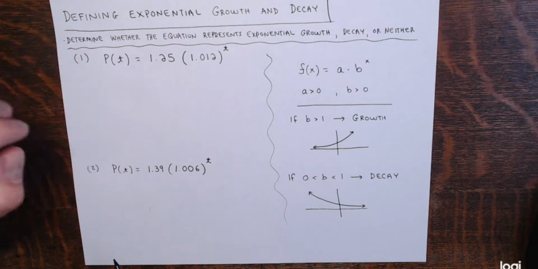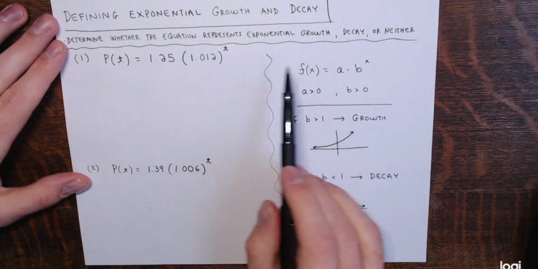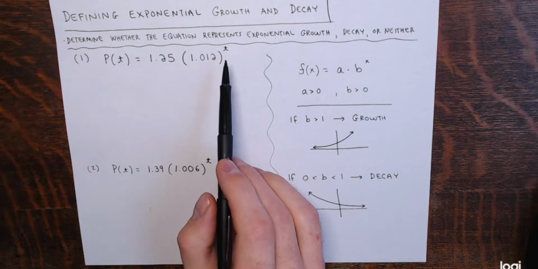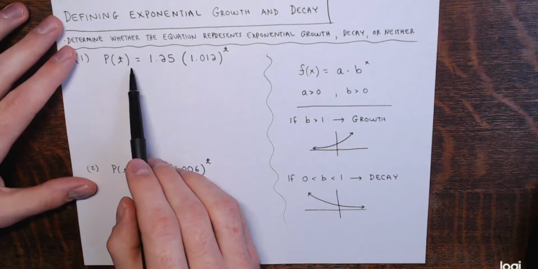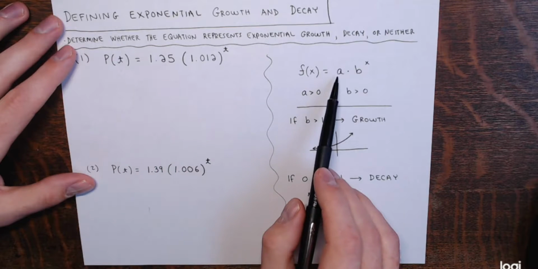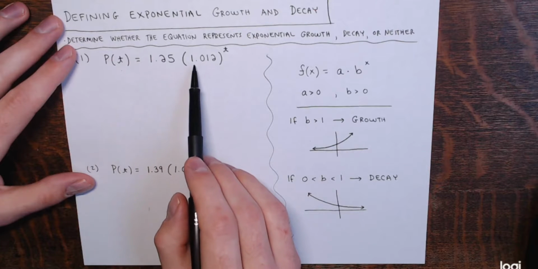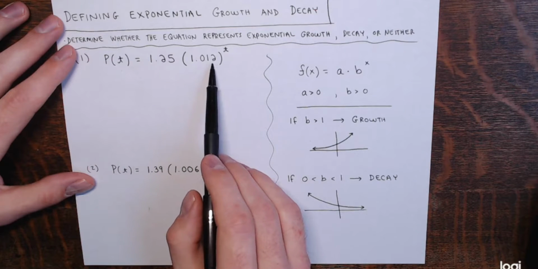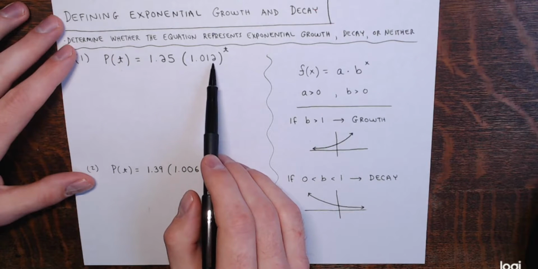So my first function, now it's not a function of x, it's a function of t, but it's still the same setup. We have P of t equals 1.25. That would be the value of a, this initial value, positive number, great. Times, and then b is 1.012 to the t power, right?